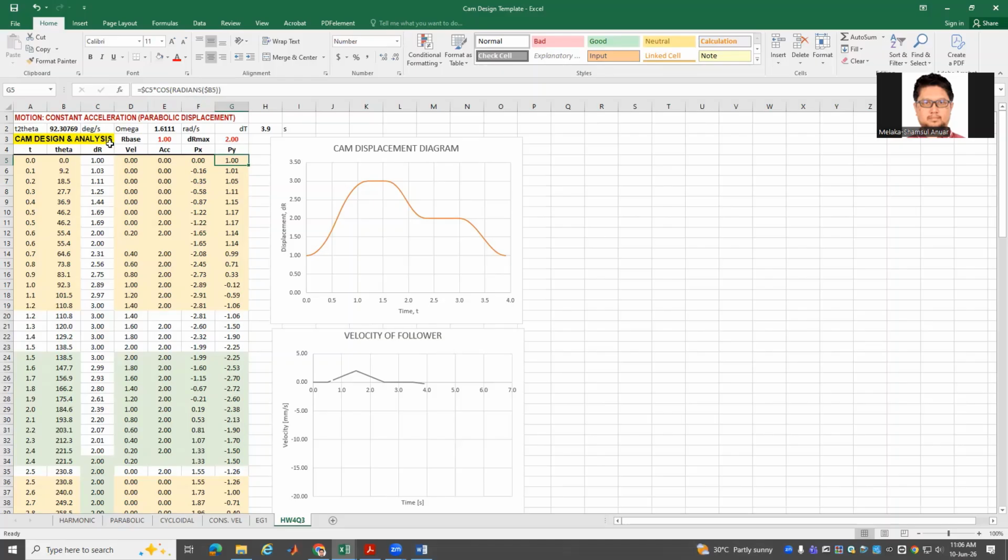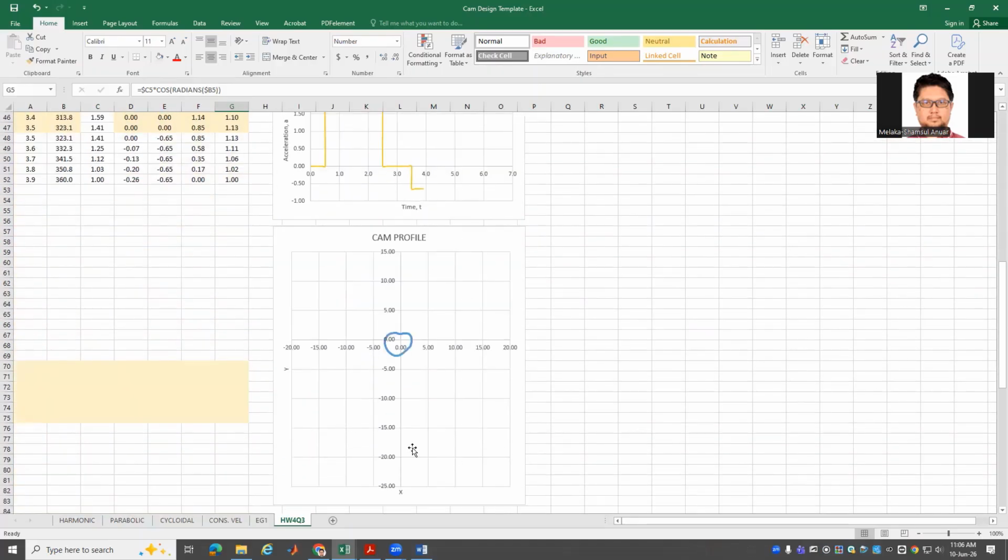We still refer to the C column, that is still the same. So this one will refer the angle. But our angle here is in degrees. The trigonometric functions in Excel still use radians, so you have to convert the angles in degrees into radians like that. Okay, so that's how you get from the cam displacement diagram all the way to this one.